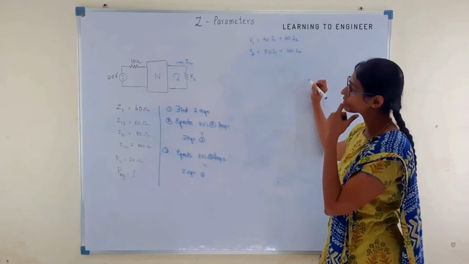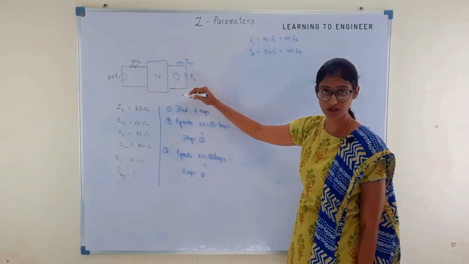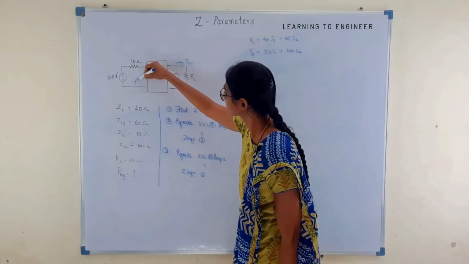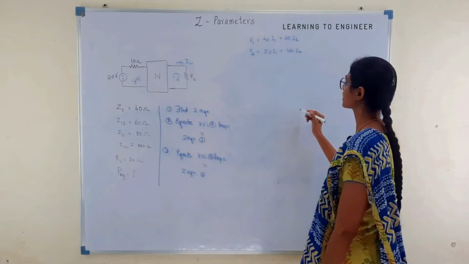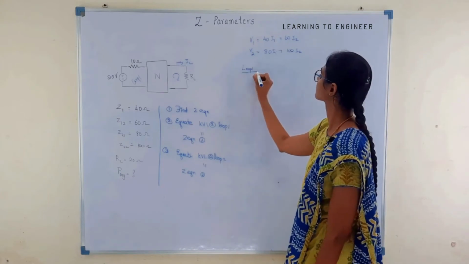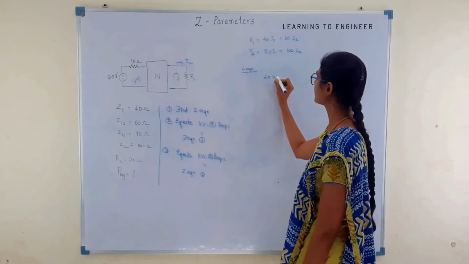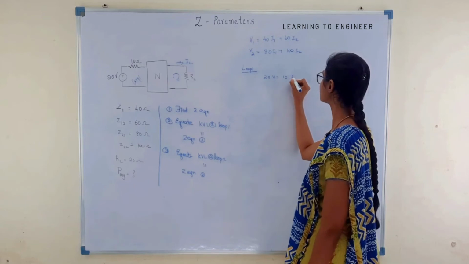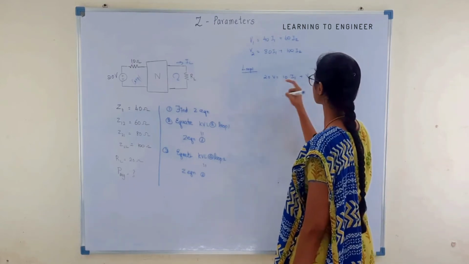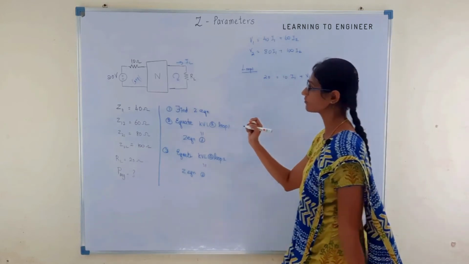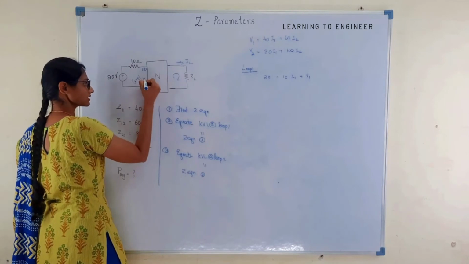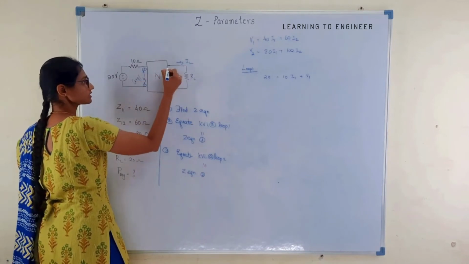Okay. So we will apply Kirchhoff's voltage law in the first loop. This is loop 1. If we apply it, what will we get? 20 volt is equal to 10 times I1 plus V1. This is the 20 volt source, this is V1, this is V2.